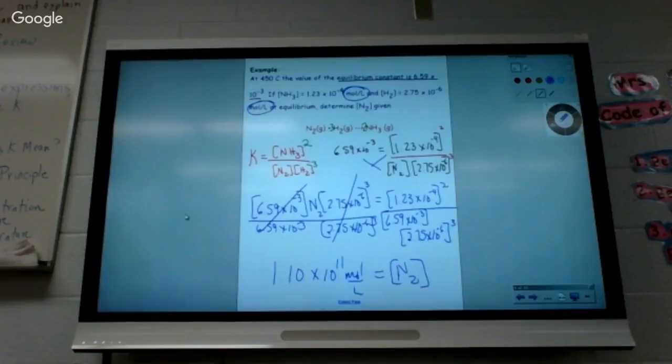The products on the top, right? Yeah. Brackets are just notation that means concentration. You don't actually have to put brackets in there. You don't have to worry about the units.